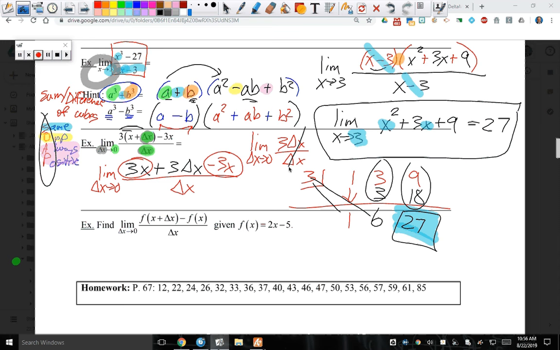So I'm left with the limit of 3 as delta x approaches 0. Anyone, what's my answer going to be? 3. Because I do not see any more delta x's left over that I can plug 0 into. So it's just going to be 3.